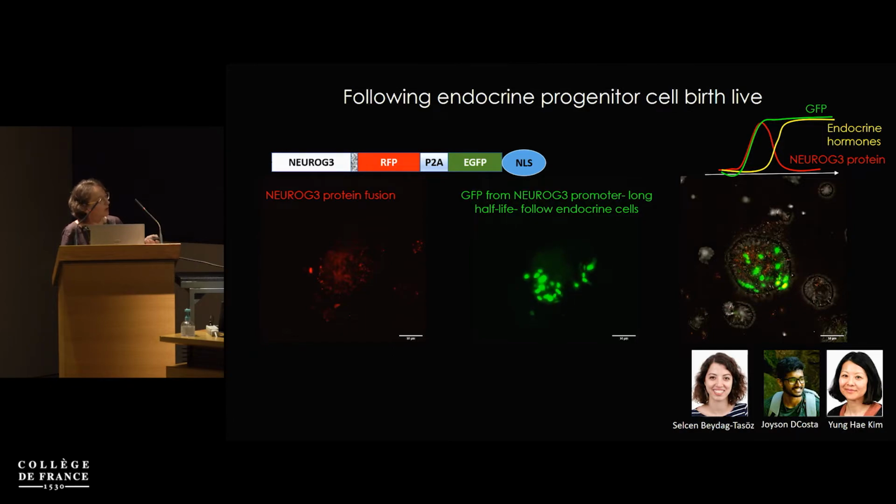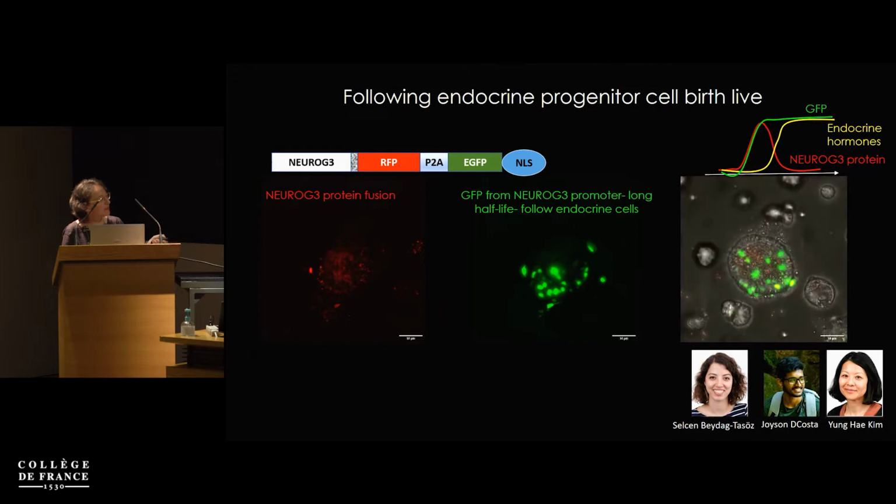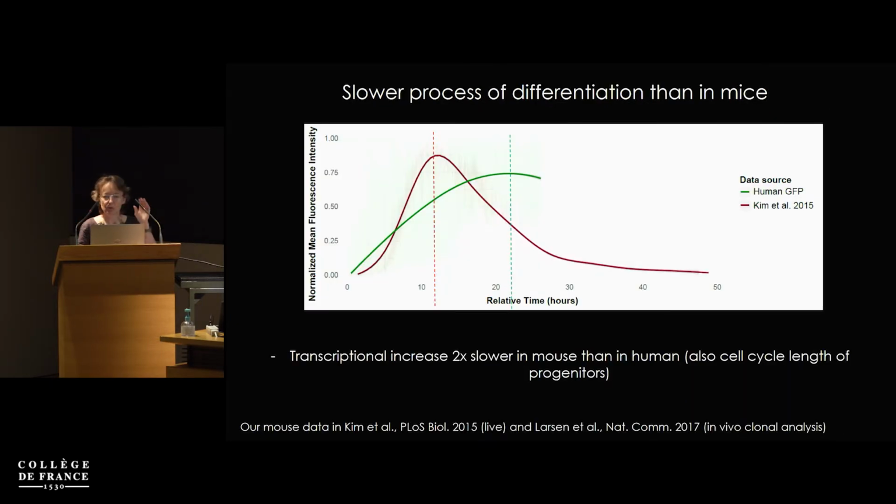So we can observe as the cells leave the epithelium and start aggregating at the surface, and how attracted they are to the epithelium. But most importantly, we can quantify over hundreds of cells how this gene is turned on, and with a similar system in mouse, we can compare it.